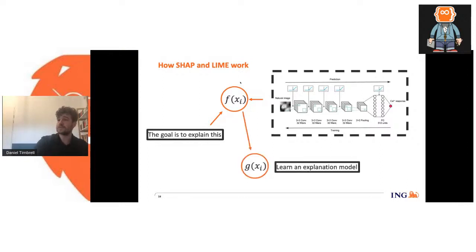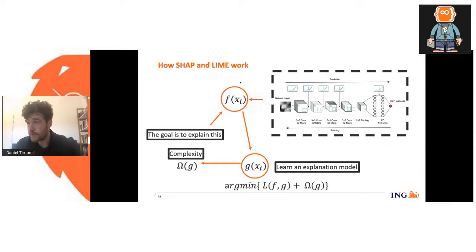And what they do is that they learn an explanation model of X. Now, what you don't want is your explanation model being as complicated or as black boxy as your f of X, because in this case, all you're doing is using a black box to explain a black box. And then you essentially get this infinite regress where you never really explain the first black box that you built. So you also have this complexity parameter that you need to take into account.